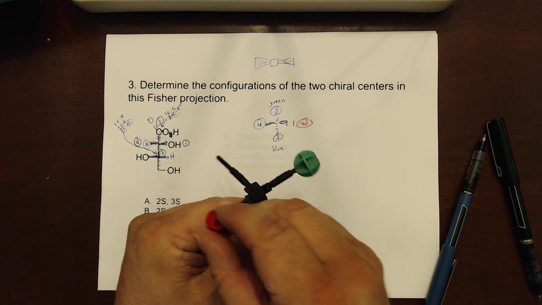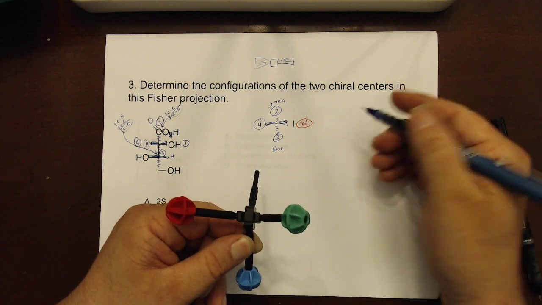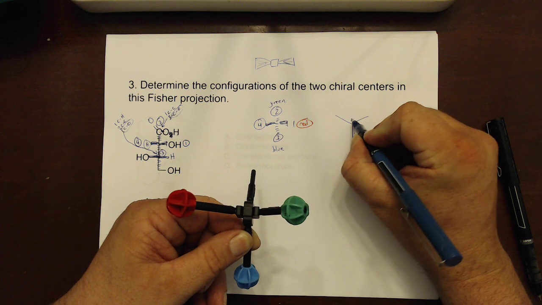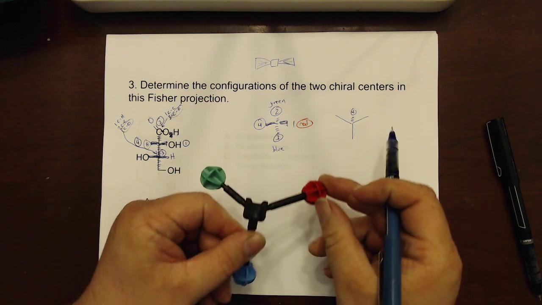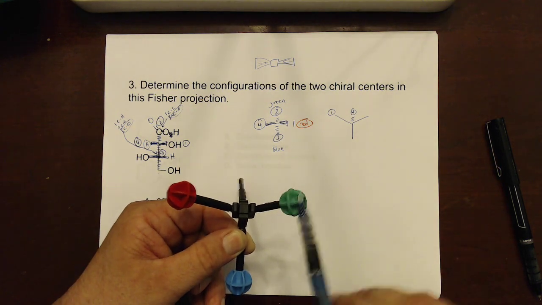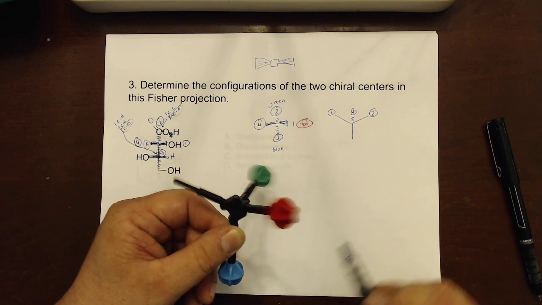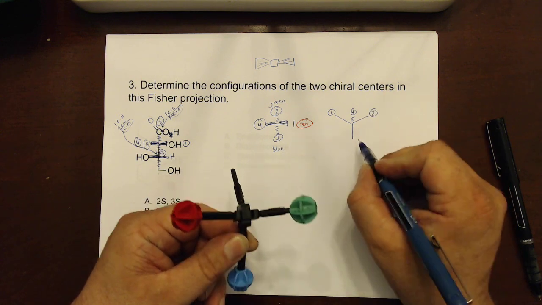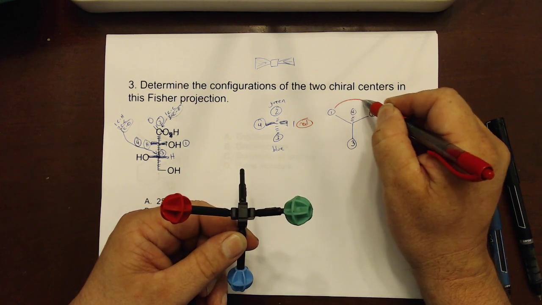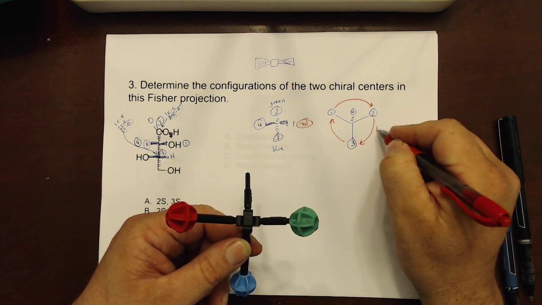So we're just going to rotate it like this, and as we're rotating around, our 4 is back here, so our red has gone over to this side. This is number 1. The green is now over here, so that's our 2, and our blue is 3 down here. All we really did is rotate this blue. So this is 3. We're going clockwise with 4 going behind like this, and so this is going to be R.